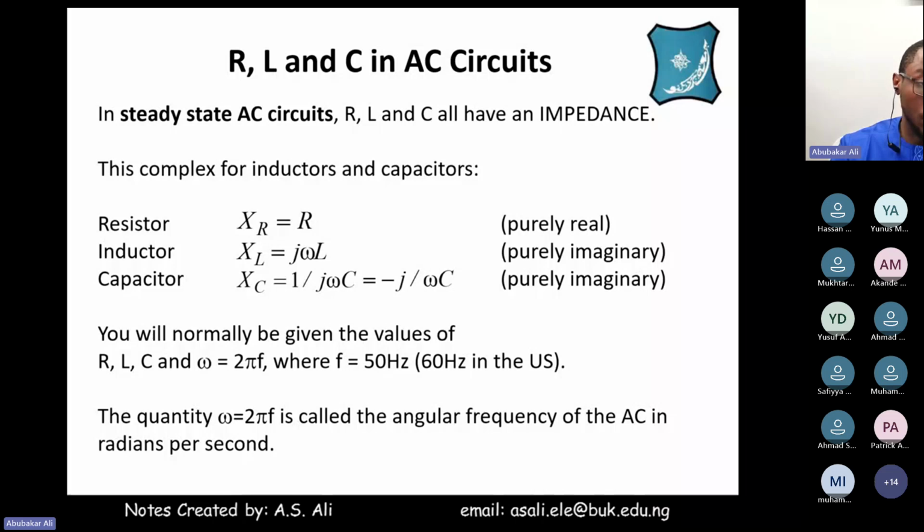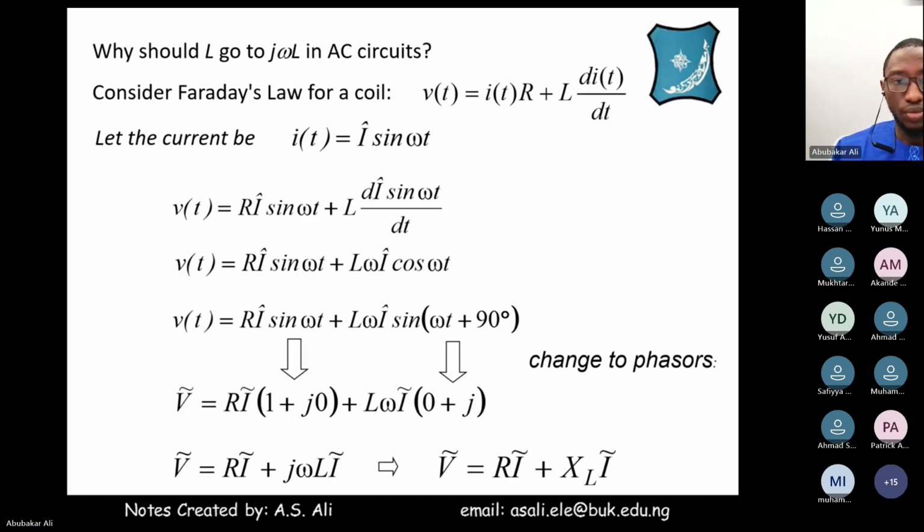So you need phasors to help you in that regard. Omega is a common term, you know it. Omega is 2πf. f is the frequency. In Nigeria, we are using 50 hertz. In America, they are using 60 hertz. That clear?